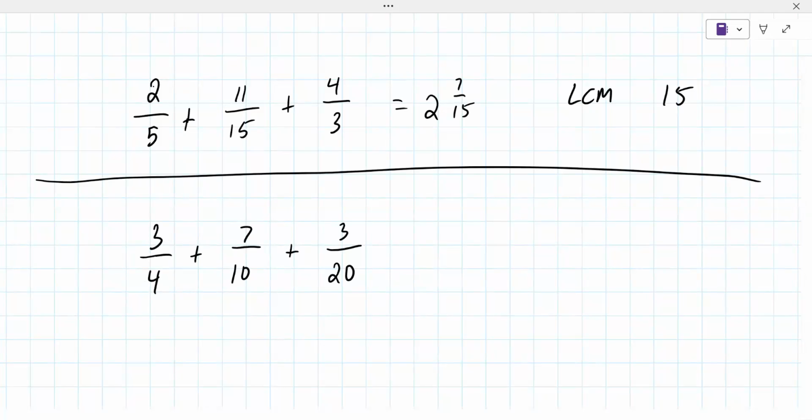Okay, so I got 20 for the common multiple. Okay, I like it.